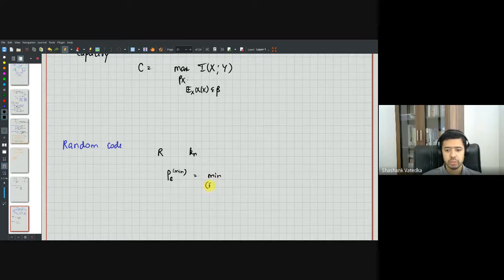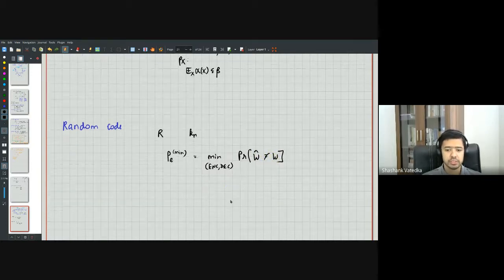So you try to minimize over all possible encoders and decoders the probability that w hat is not equal to w. Right? But this is hard to compute. It's even hard to get an accurate bound on what this minimum probability of error is.